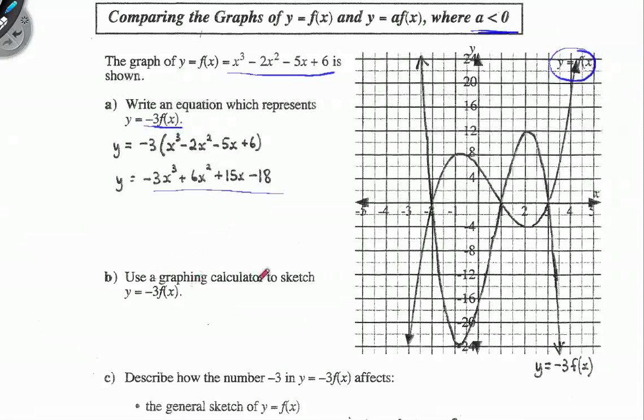Well, you can use your graphing calculator, but this is really all the y values are getting multiplied by 3 and reflection in the x-axis. So let's reflect in the x-axis first. Let's take a couple of points that really mean something.